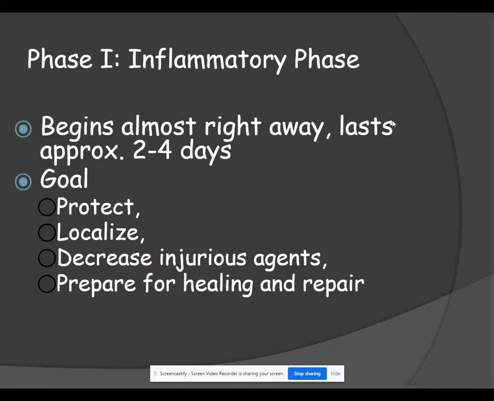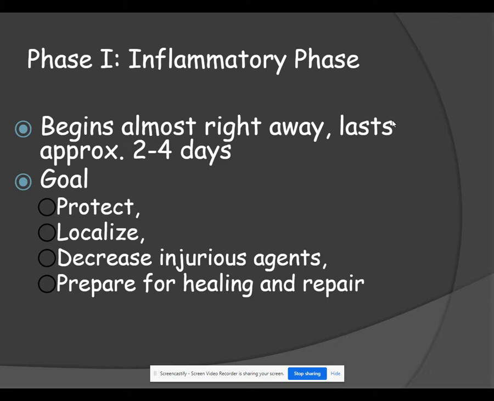Now, phase 1, the inflammatory phase, begins almost right away, and it traditionally lasts about 2 to 4 days. Our goals during this phase are to protect, localize, keep it in one spot, decrease any other injuries, and prepare for the healing and repair.